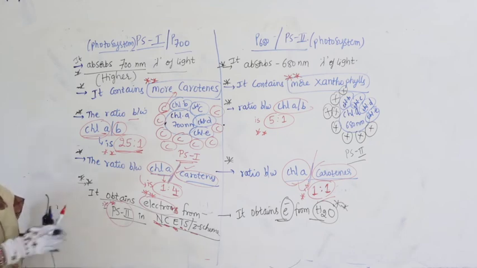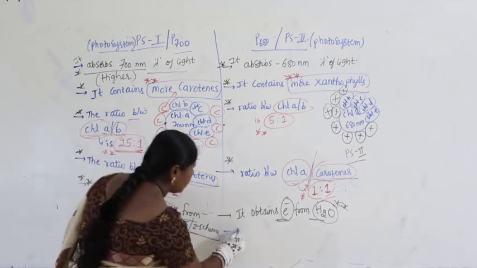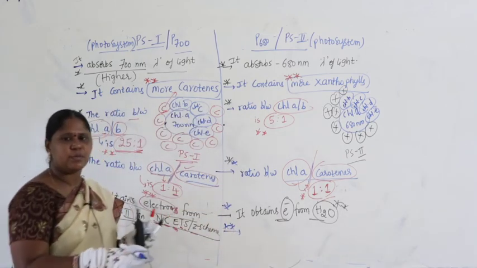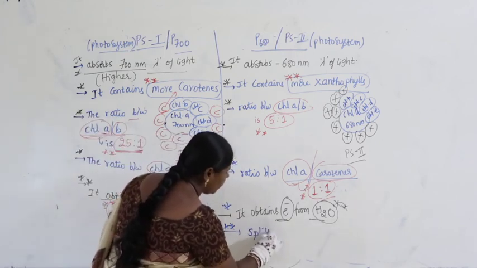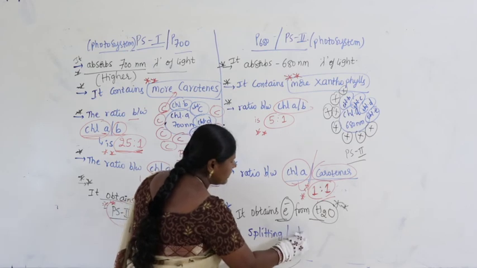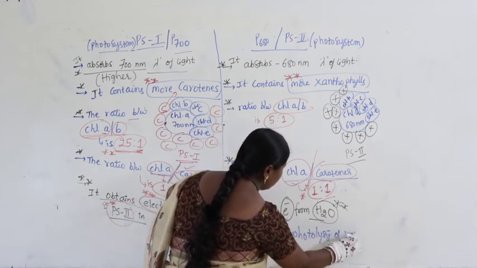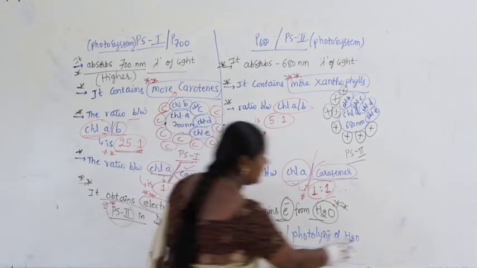Now what is the next point here? Here splitting of water occurs. All points are very important; everything has a possibility of getting questions. So you can write: here splitting of water or photolysis of water takes place.